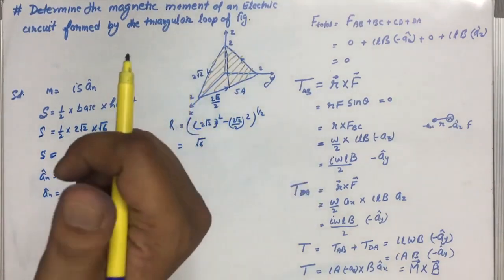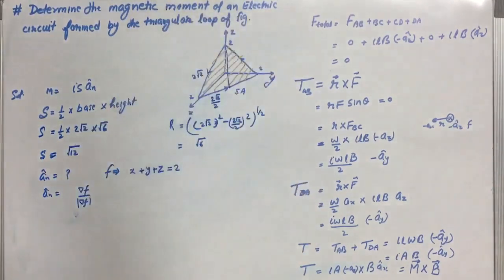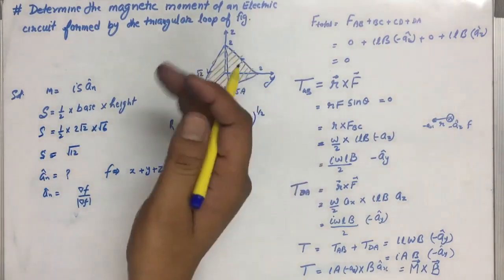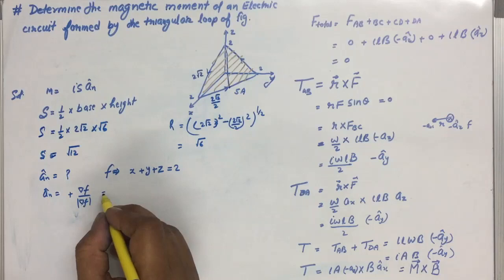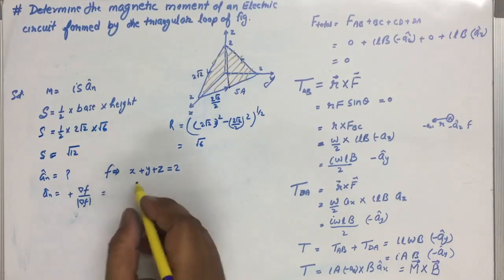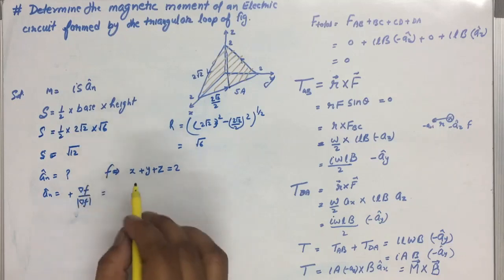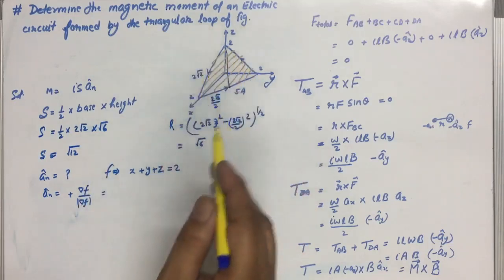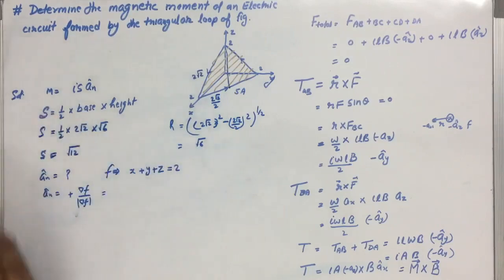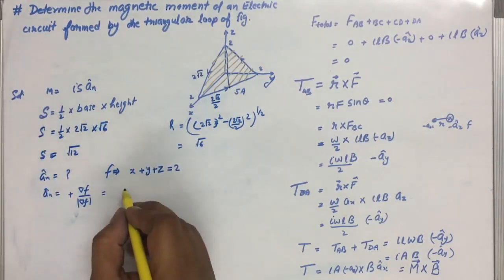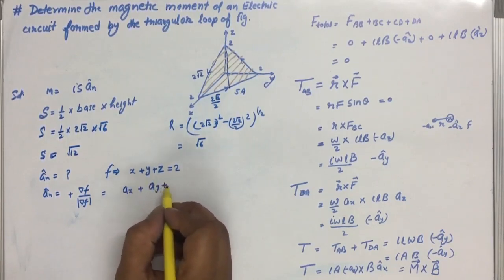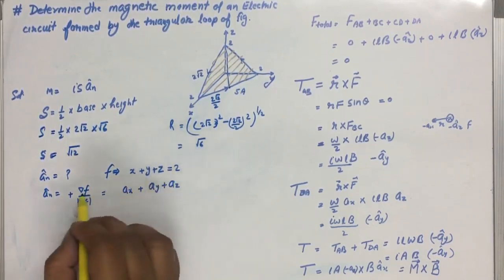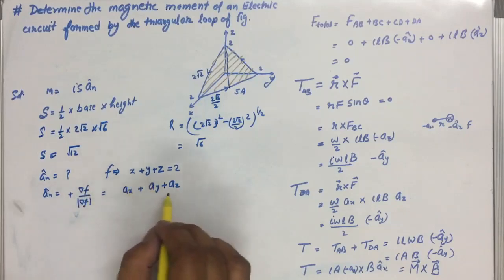If the current is clockwise, the normal will be up. If it is anti-clockwise, it will be down. As it is up, it will be positive here. So del F, if we find the del F for this function, will be AX plus AY plus AZ.